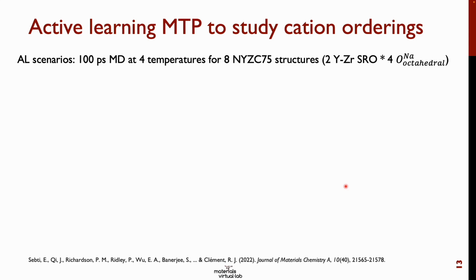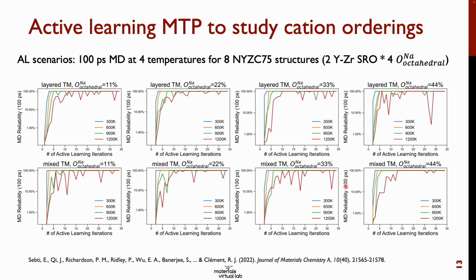To be exact, it's 4 temperatures for the 8 NYZC75 structures spanning 2 yttrium zirconium short-range orders and 4 different values of sodium octahedral site occupancies. In those 8 structure cases, we perform active learning at 4 temperatures from 300 to 1200 Kelvin.